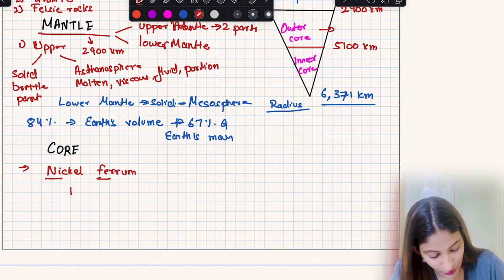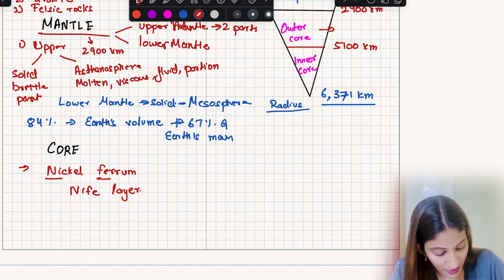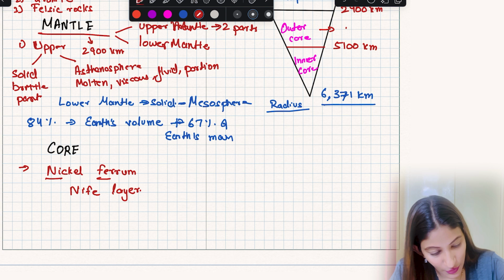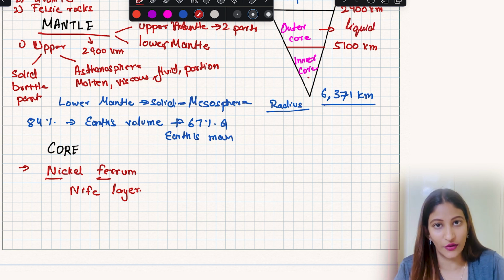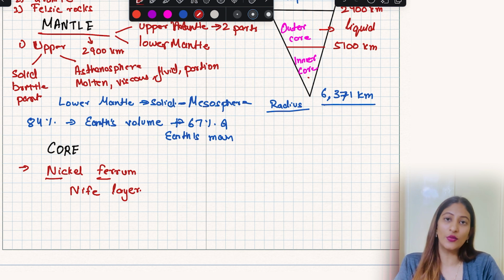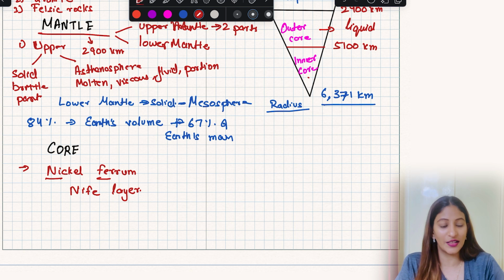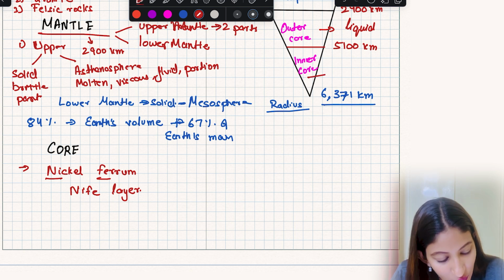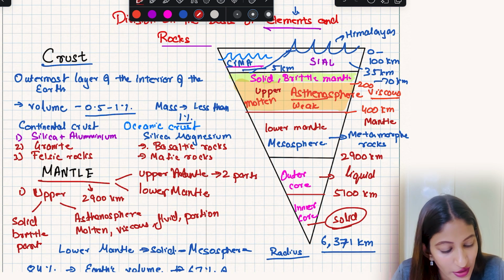That is why they are known as the NiFe layer. One difference is that the outer core is liquid and it rotates along with the rotation of the earth. This is the layer that makes the magnetic field of the earth, because it comprises magnetic materials. The inner core, however, is solid in nature.